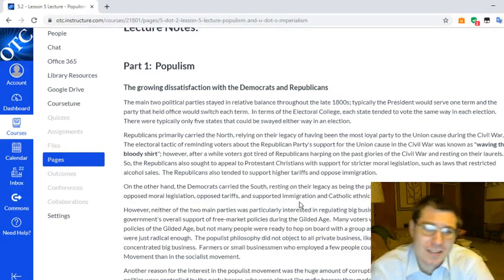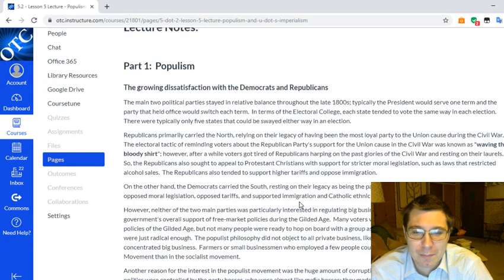On the other hand, the Democrats carried the South, resting on their legacy as being the party of the Confederacy. Even though there were some Northern Democrats, they were kind of lukewarm about supporting the Union cause in the Civil War because they somewhat sympathized with the Southern Democrats.